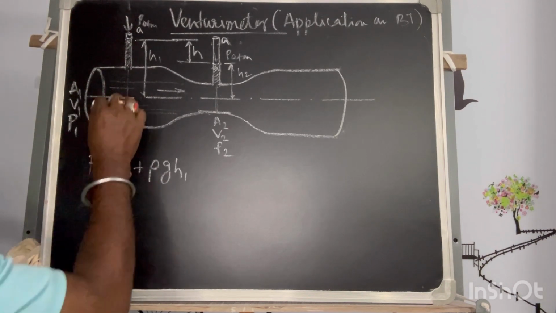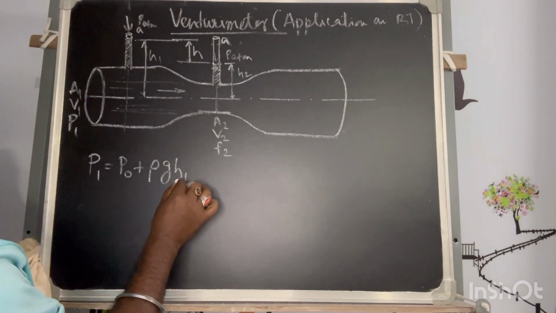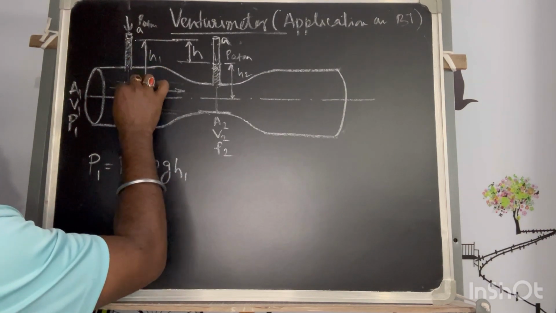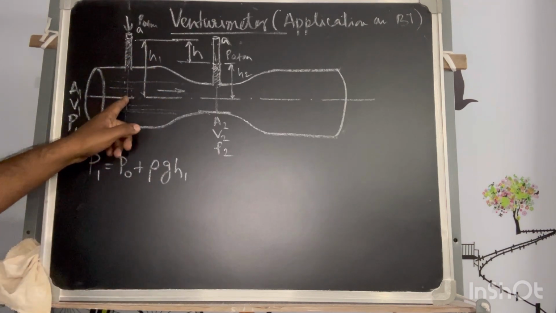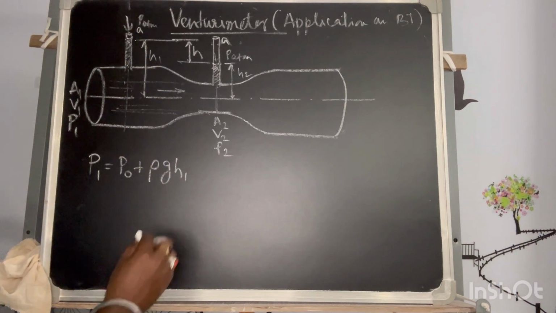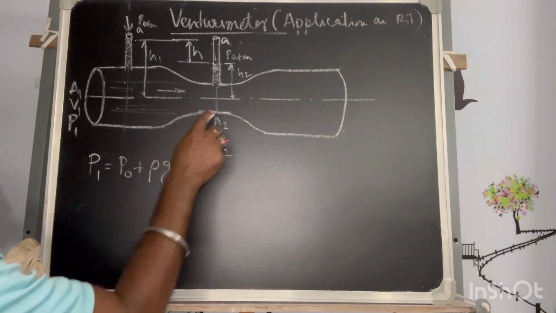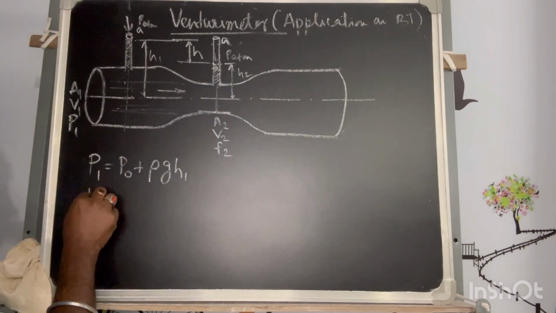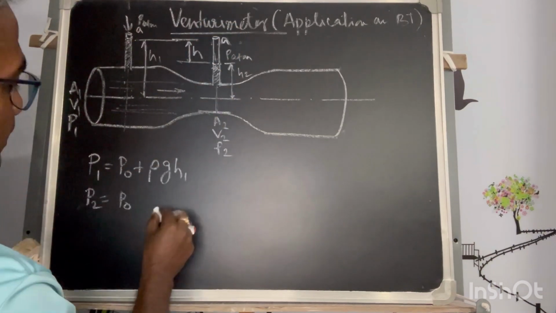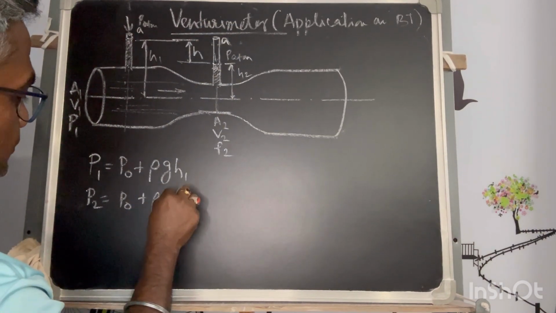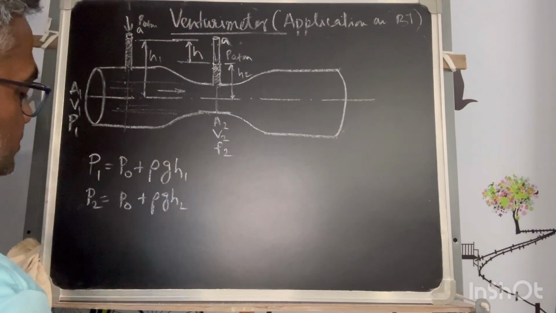Okay, because we know this does not depend on the shape and size, only the height of the liquid column, so pressure is equal to rho gh. Okay, this is the first equation. Second equation, if I follow here, that will be P2, which is equal to P0 at the top, and the liquid column is of height H2.